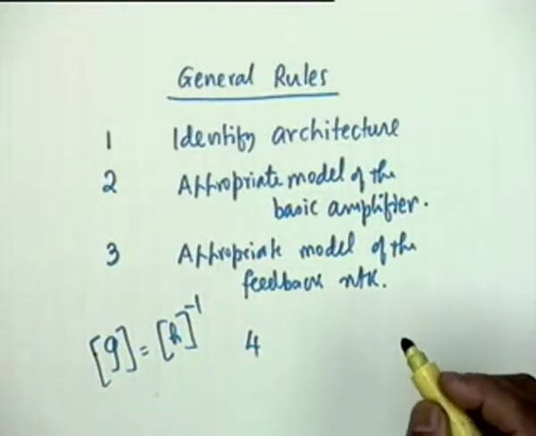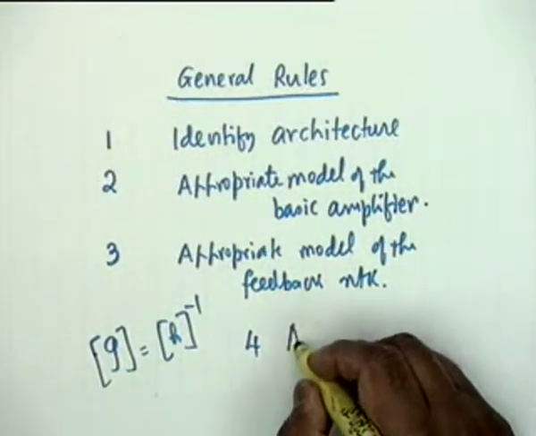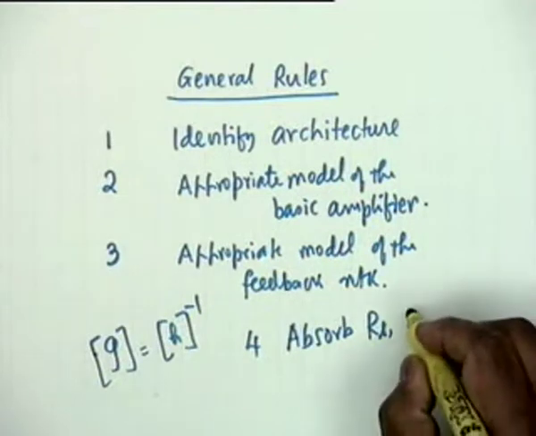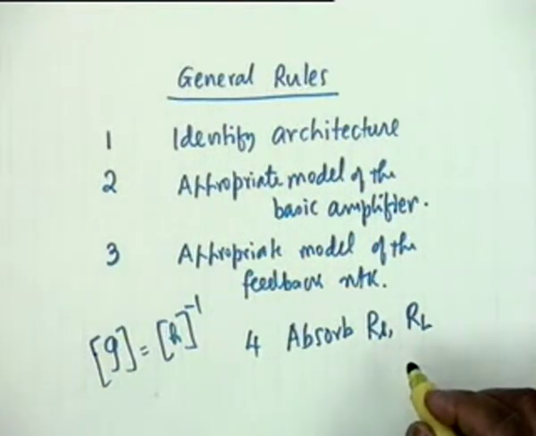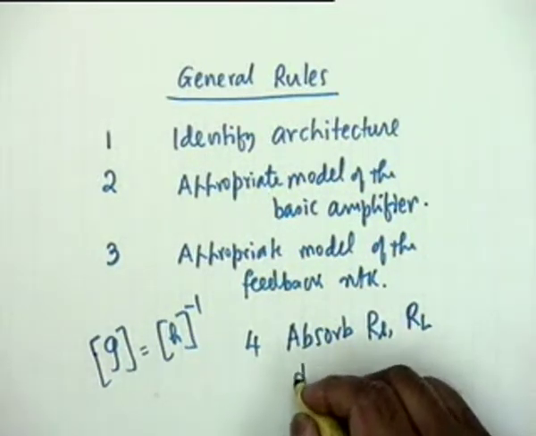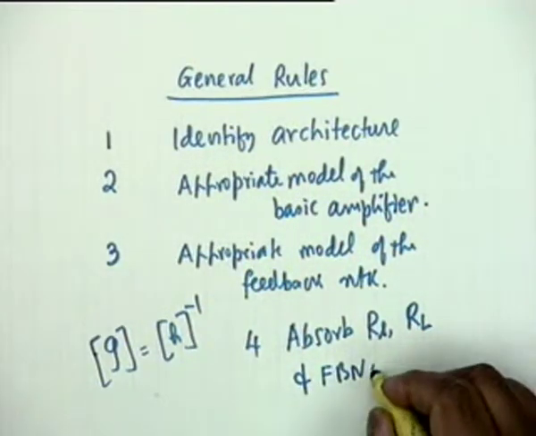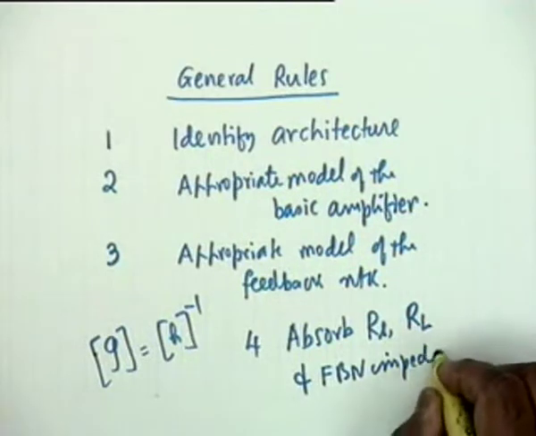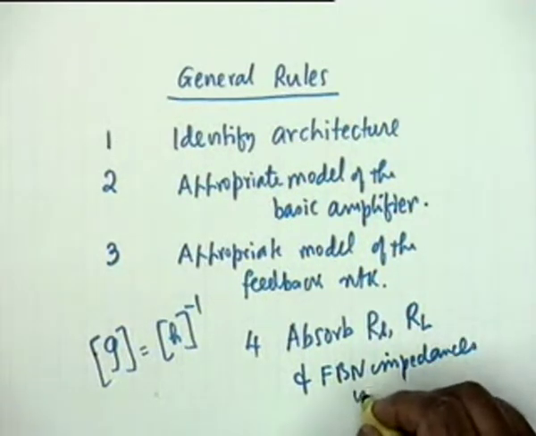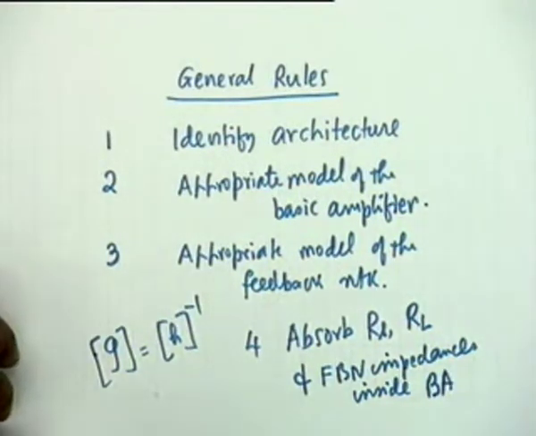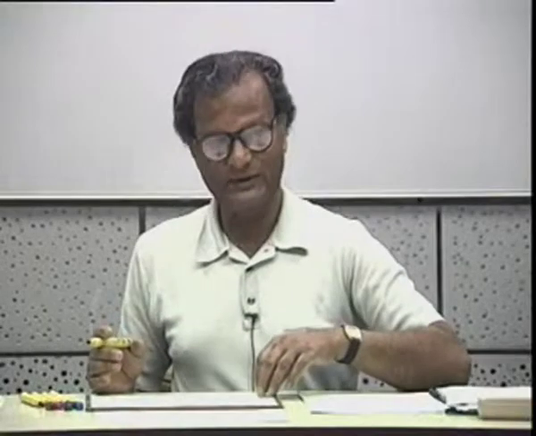The fourth step is, after you do this, absorb RS, RL, the source and the load, and the feedback network impedances inside the basic amplifier.